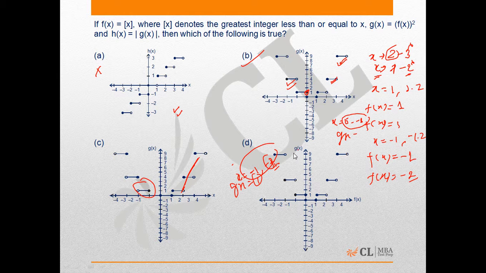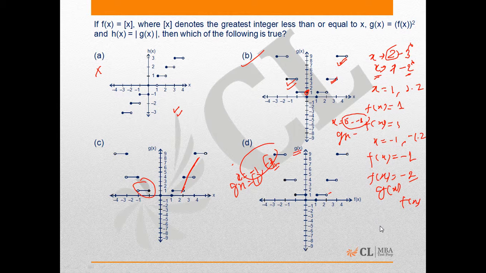Now coming to option D, here it is a graph between f of x and g of x. So the first thing that we need to understand here is whether this graph will be of ladder form as it is shown or it will be in the form of points.